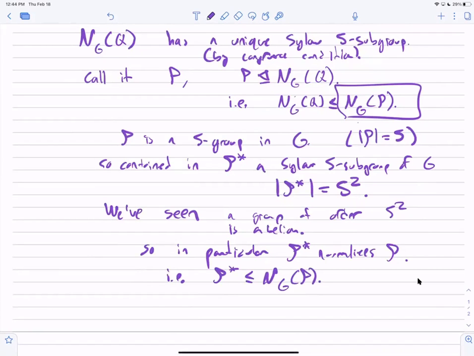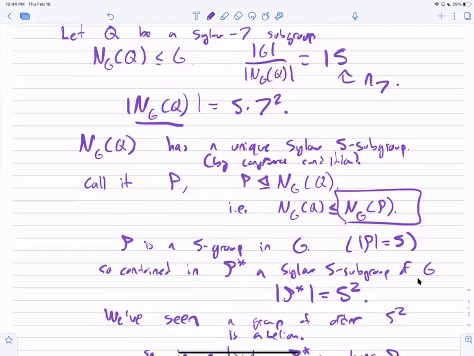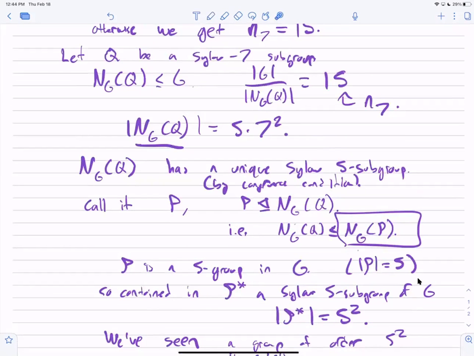So P was this group of order 5 that we constructed as a Sylow 5-subgroup of the normalizer of a group of order 7, or order 49.